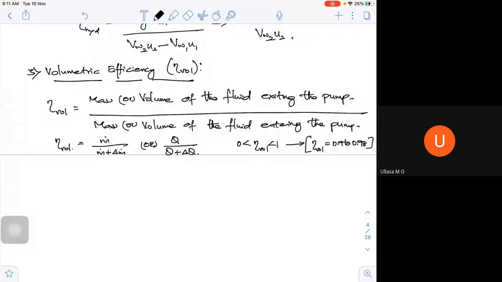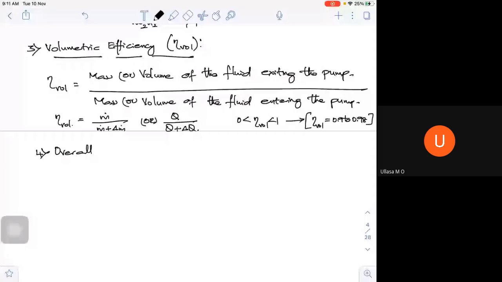Then the last one, your overall efficiency of your pump. What is it actually? It is the manometric head, or what you can call the energy available with the fluid, to the energy that is supplied to the shaft.